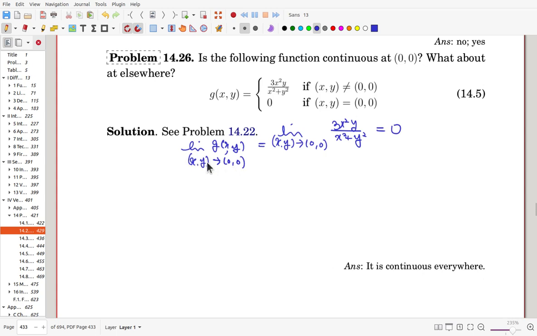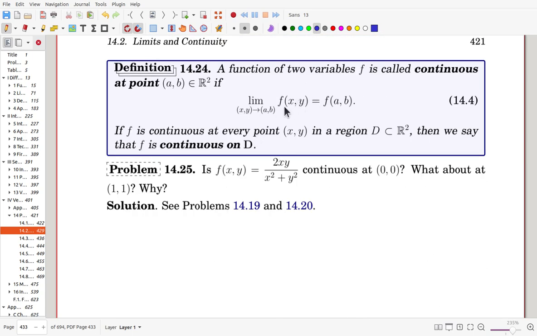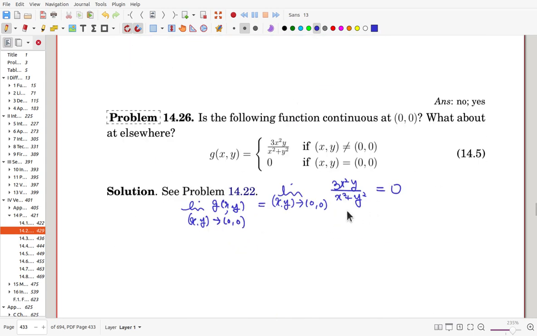So once (x,y) is not (0,0), it's the same as this one, so we can write it this way, and we already know that this limit is 0. Now, at (0,0), the value is defined to be 0. So the limit exists, the function is defined, and they are the same. So every condition is satisfied for the definition. So we can say that g of (x,y) is continuous at (0,0).